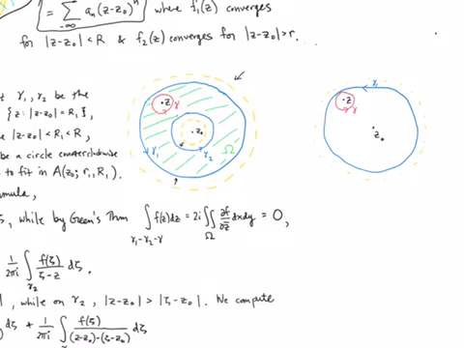By the Cauchy integral formula, what we know is that the value of f at z is equal to 1 over 2 pi i times the integral over gamma of f of zeta over zeta minus z d zeta.